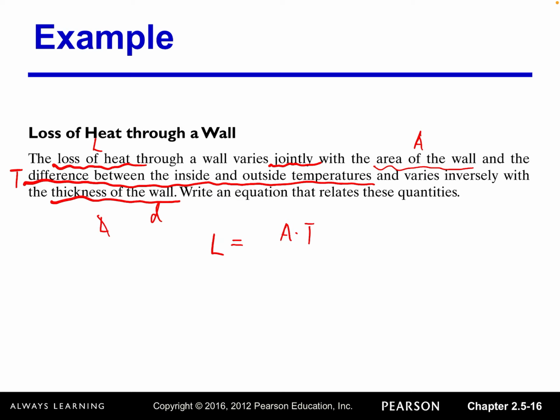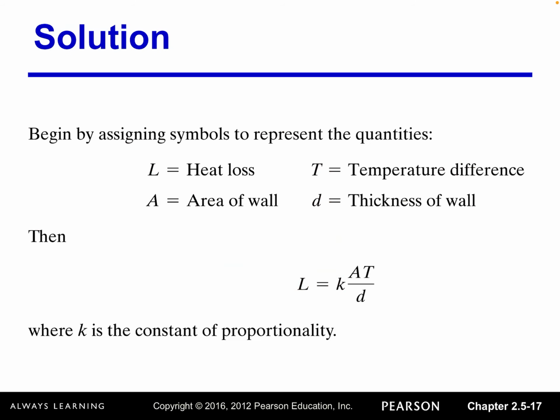Then it specifies the thickness of the wall varies inversely, so the thickness D should be on the denominator, and then add a combined variation coefficient K. That's how to write the equation that relates all those quantities.